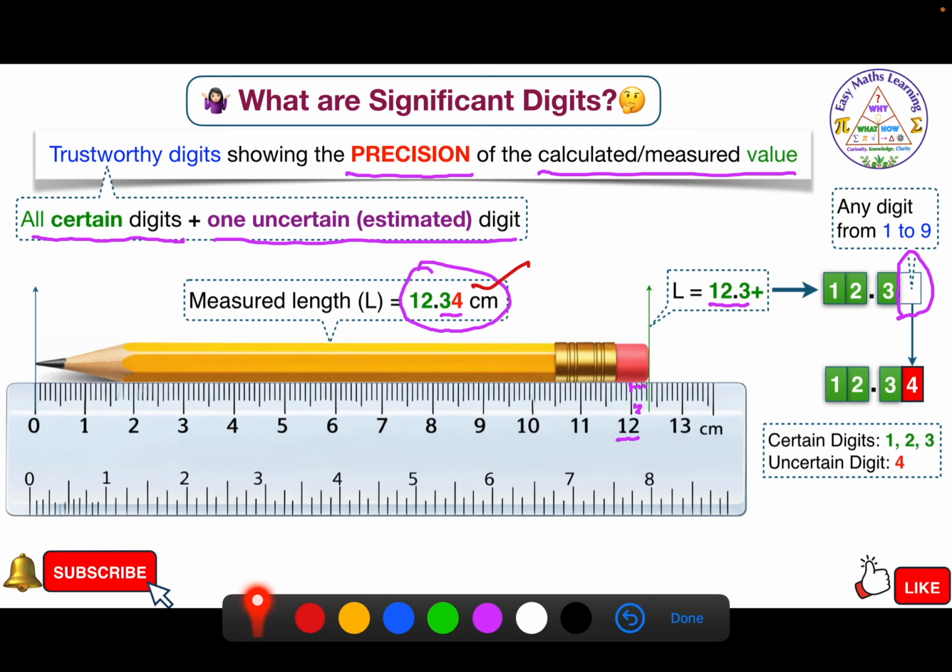So here the certain digits are 1, 2, 3, meaning a total of 3 certain digits, and the uncertain digit is 4, meaning a total of 1 uncertain digit. So the total number of significant digits is certain digits plus uncertain digit, that is 1, meaning total significant digits we have 4.